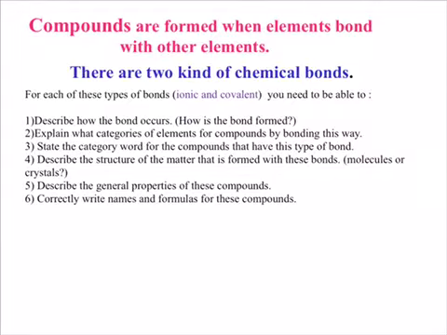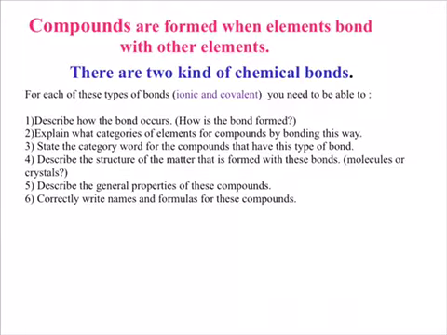So the big idea here: compounds are formed when elements bond with other elements. There are two kinds of chemical bonds that we're going to be learning, and here is a list of what you need to know about each of these types of bonds. You're going to want to go back to this before a test. See if you can answer each of these things. Can you describe how the bond occurs?